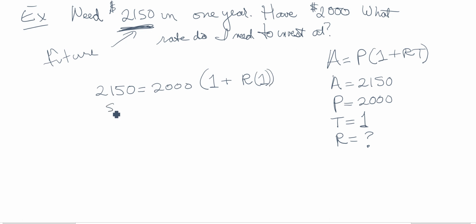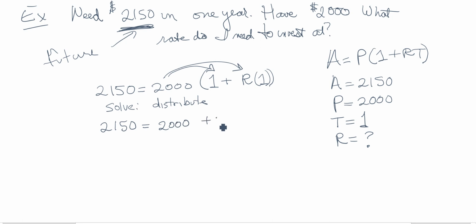Now, to solve this, the first thing I need to do is distribute, or multiply everything in the parentheses by that 2,000. That gives me 2,150 is equal to 2,000 plus 2,000r. To solve, we want to isolate the variable, get the part with the r alone first.